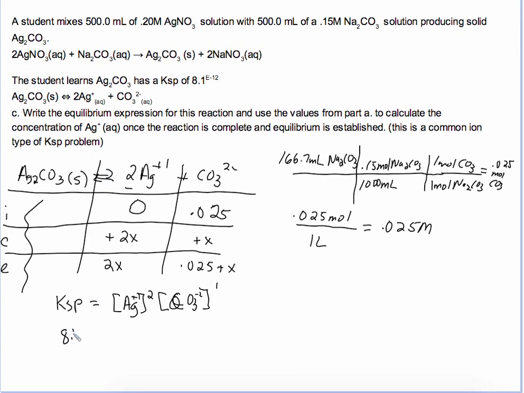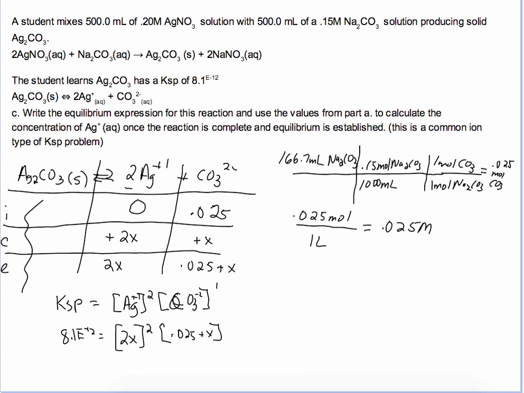Now, they're giving us the Ksp is 8.1, so we'll go 8.1 e to the negative 12 is equal to this 2x, because that's what it is at equilibrium, squared, multiplied times 0.025 plus x.